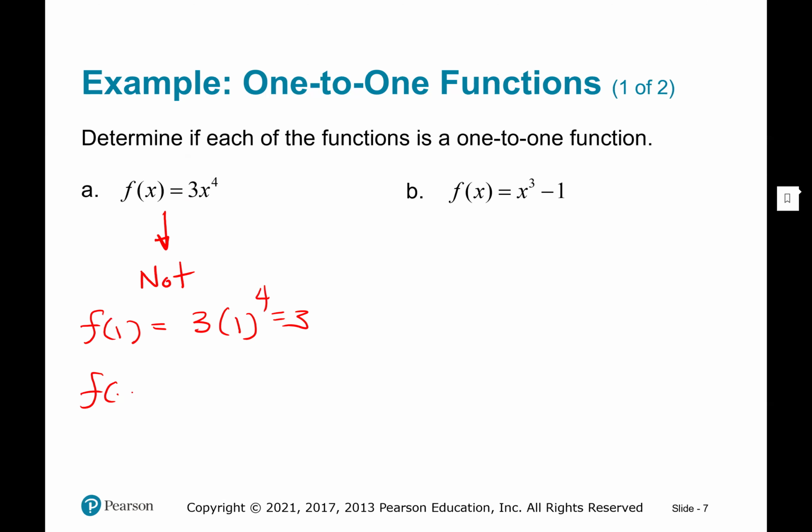What's f of -1? No, it's 3. Because what's -1 raised to the 4th power? 1. So is that one-to-one? No, because you can't have two different inputs going to the same output. Not one-to-one. Is this one-to-one?